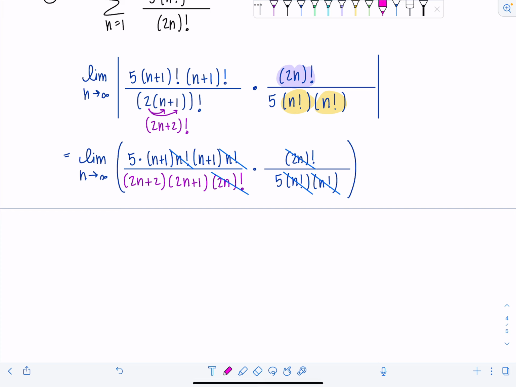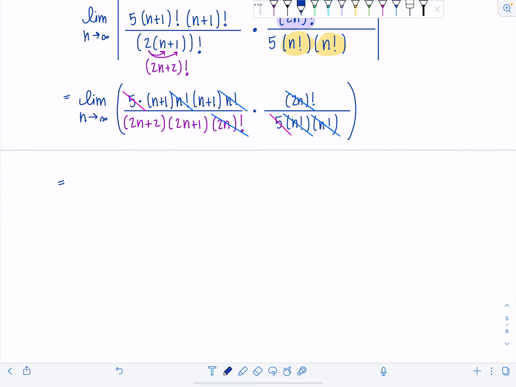Something else. The 5s, yes, they are gone. Okay, so let's see what we've got left. We have now the limit as n approaches infinity. I have (n+1) times (n+1) over, this is (2n+2) times (2n+1).